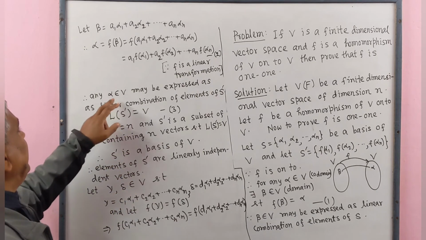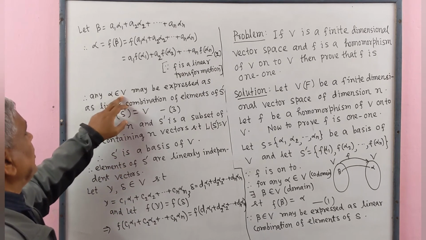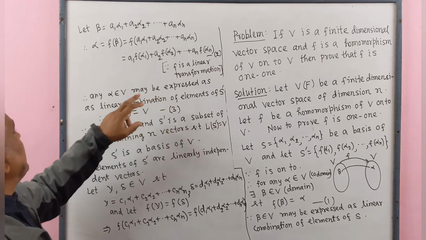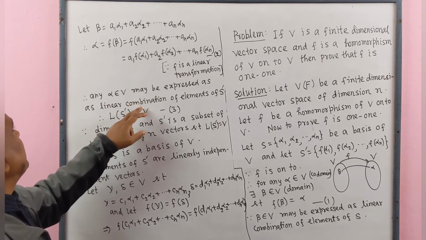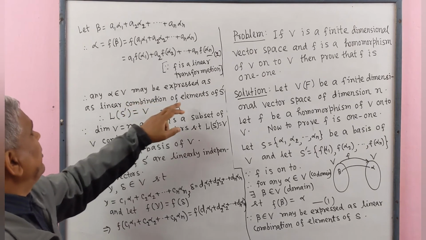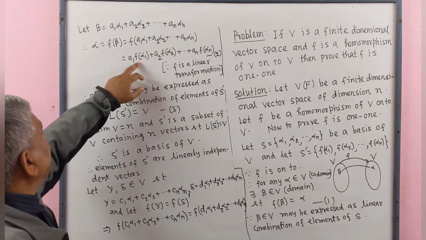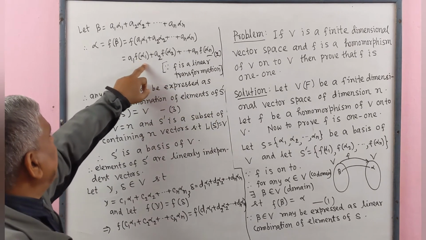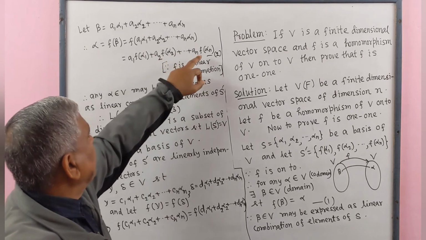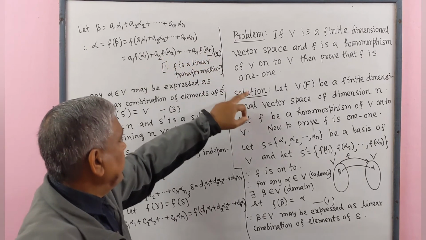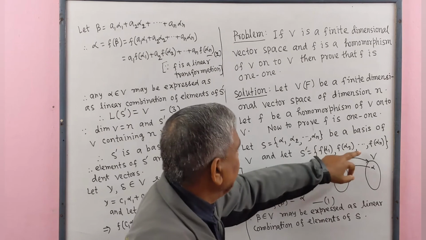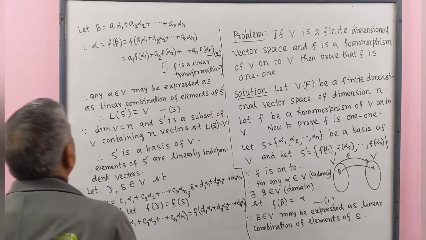Therefore any alpha belongs to V may be expressed as a linear combination of elements of S prime. These elements are f alpha 1, f alpha 2, ..., f alpha n, all are elements of S prime.